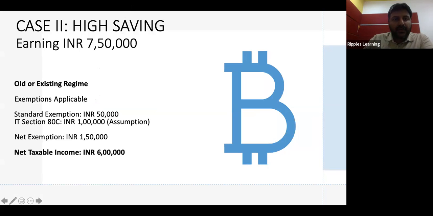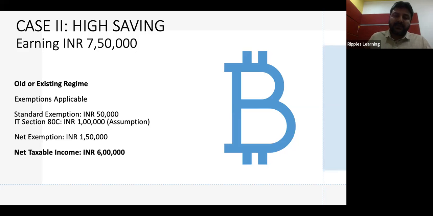Under case 2, we are talking about higher savings. Standard deduction is 50,000 rupees, and earlier under IT section 80C, we were talking about 50,000 savings. Now we are talking about 1 lakh savings. So let's say the person has invested a little more, or has a loan, or has claimed for child education fee, or whatever under 80C, which is the most used exemption slab.